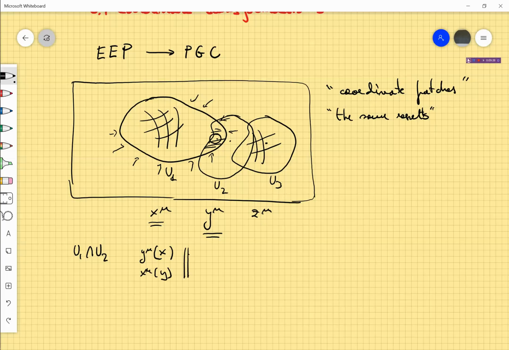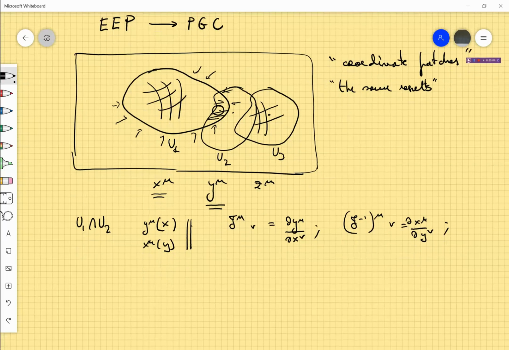So these conditions together mean that if we define the Jacobian matrix of this coordinate change in this way, then this matrix should be non-singular, therefore invertible. Remember that the inverse will be given by these partial derivatives.